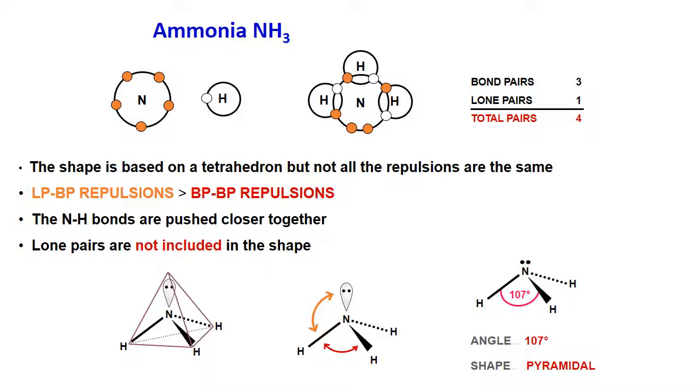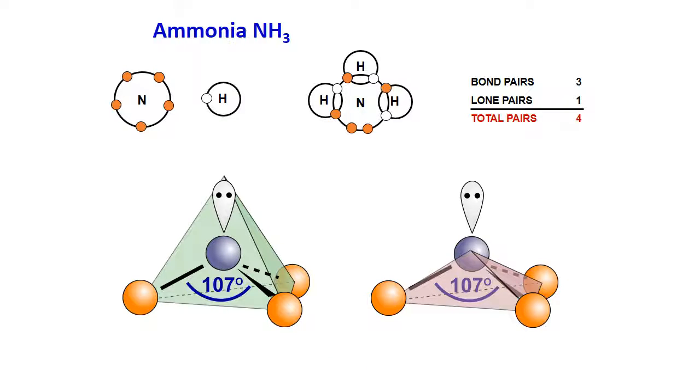The shape is based on the tetrahedron, but because these repulsions are not all the same, the lone pair, which isn't bonded, is slightly more repulsive. Then the NH bonds are pushed a bit closer together, and the lone pairs are not included in the shape. Don't consider them. So it's called pyramidal, and it has an angle slightly less than 109.5 due to that lone pair, 107 degrees in total. There's some wonderful diagrams illustrating that.